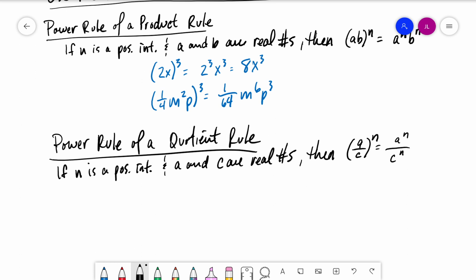We've discussed this a little bit earlier. Basically we're saying to raise a quotient to a power, we raise the numerator and the denominator to the power.